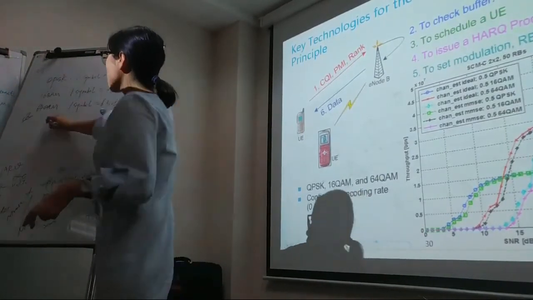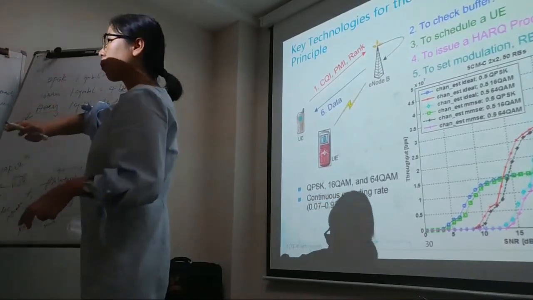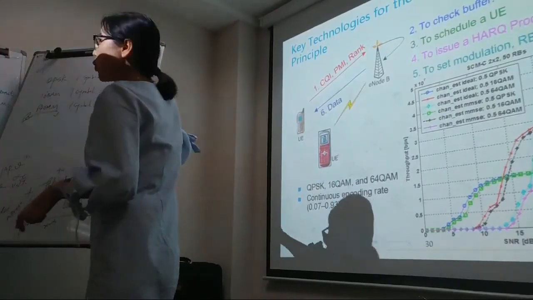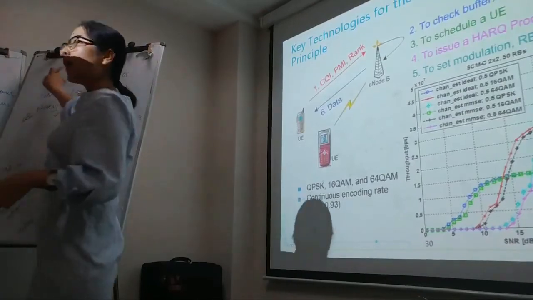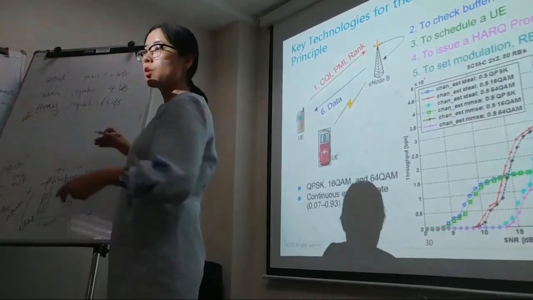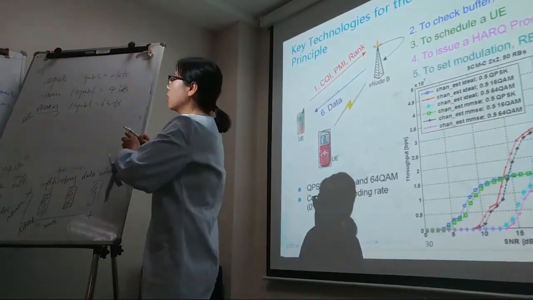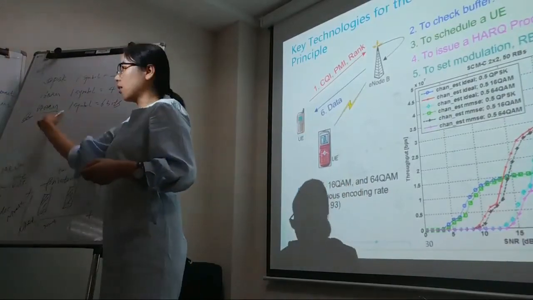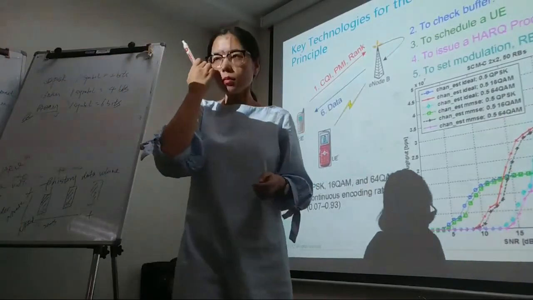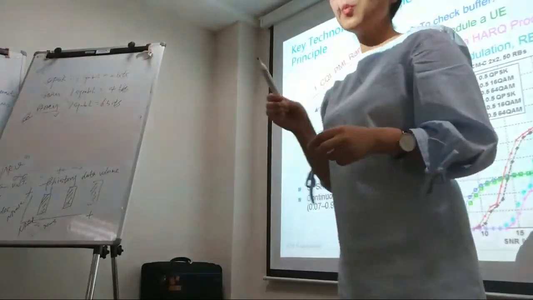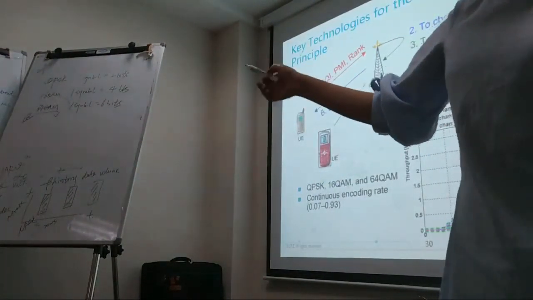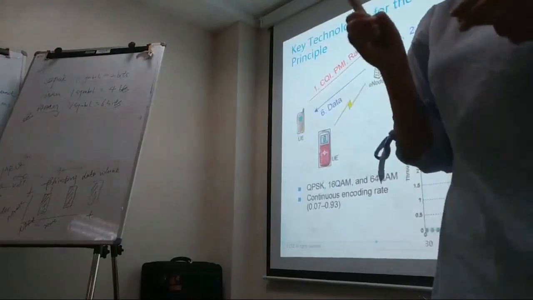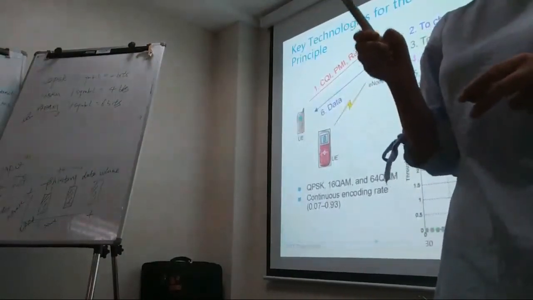So if we use 64 QAM, the data rate is 3 times that of QPSK, right? It's 3 times. But if we use a higher modulation, and the NodeB wants to decode it, the channel quality must be good.